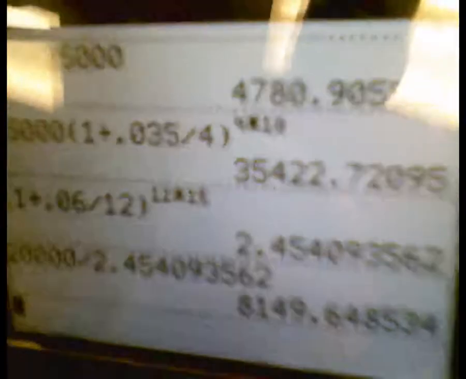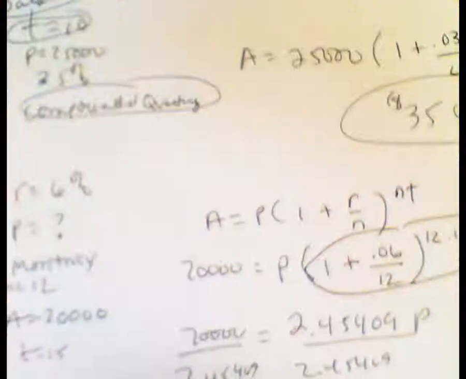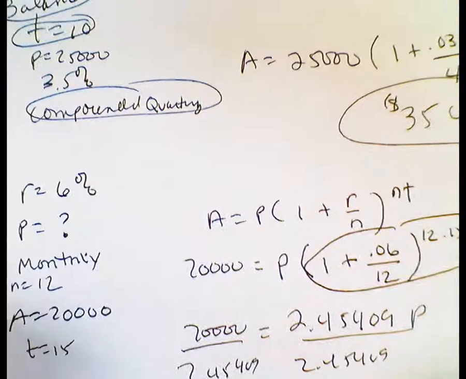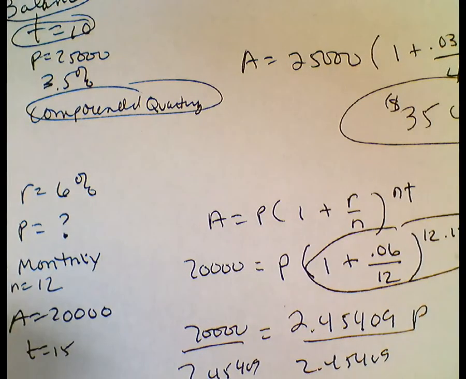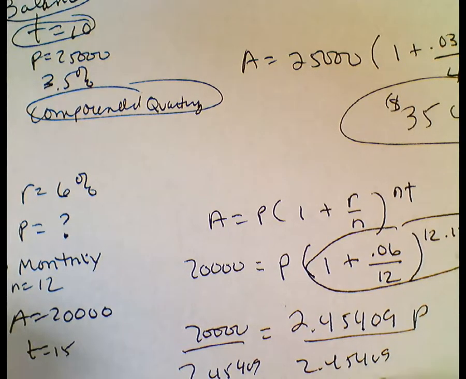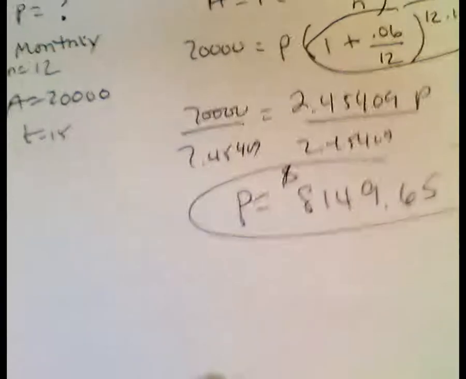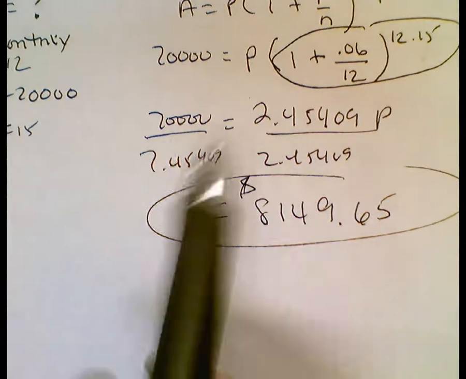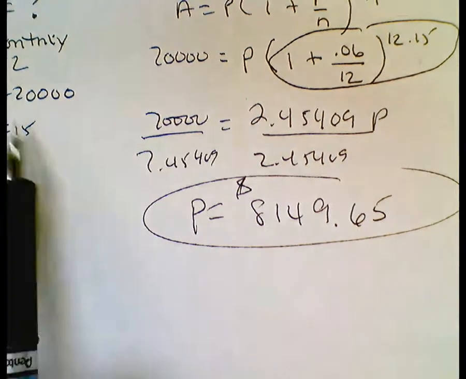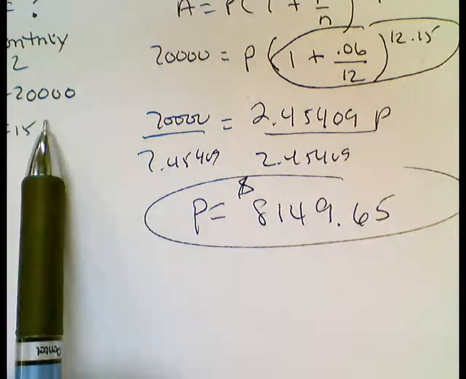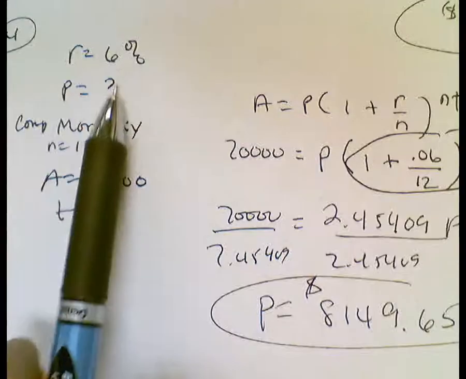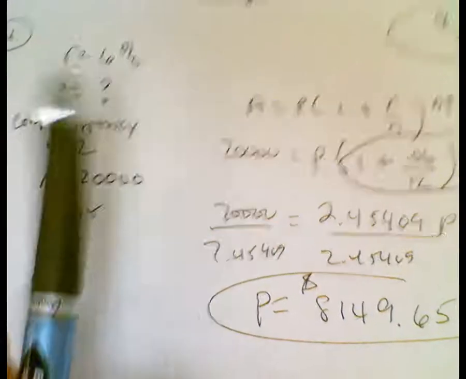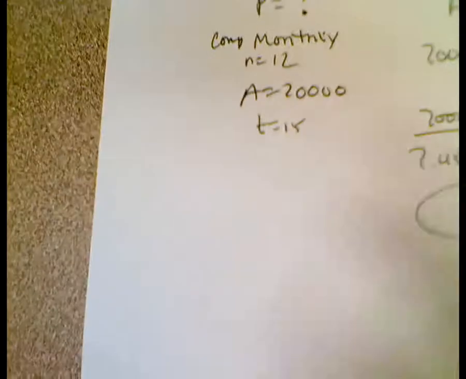That's how much money you would have to initially invest. You should invest about $8,149.65 if you would like to have $20,000 in 15 years with a 6% interest, which, by the way, is really high, but that's how you do it.